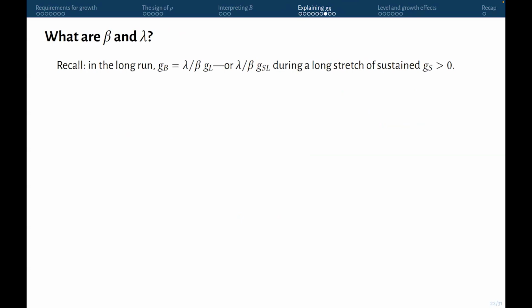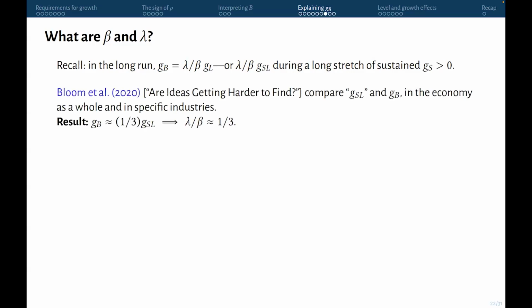So what are beta and lambda? In the Jones model, at least, we know the ratio. We know lambda over beta is the thing you multiply GL by to get the rate of technology growth.